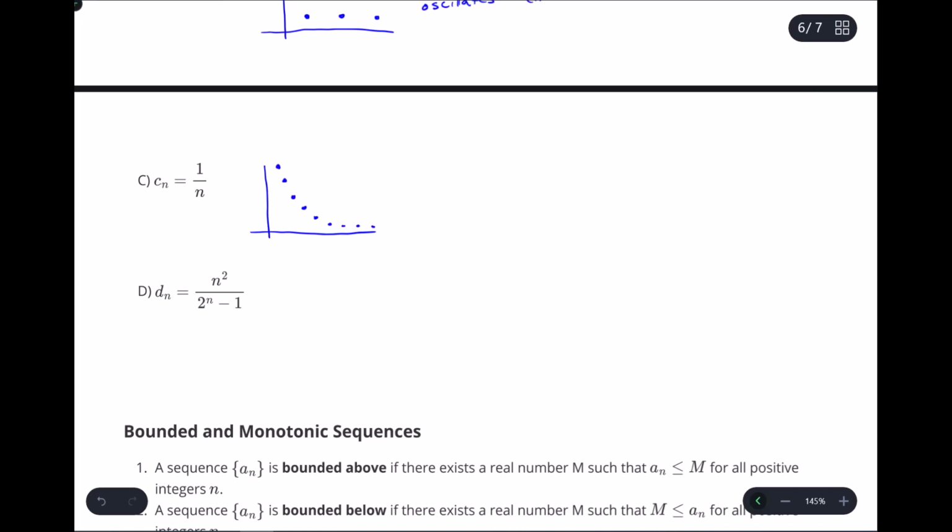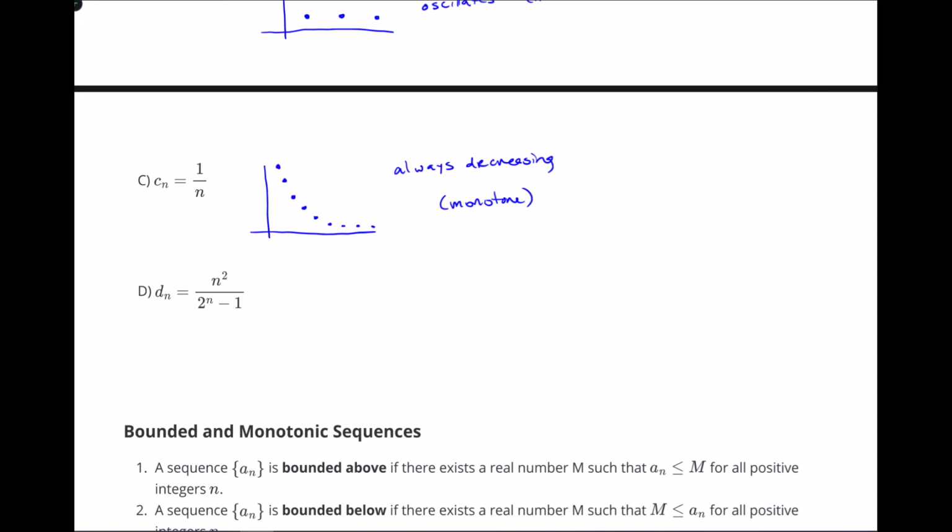They approach it, but never actually run into it. But this would be always decreasing. And if it's always decreasing, then that is monotone. So as long as you can see the graph, you can generally determine pretty readily if something is monotone or not monotone.